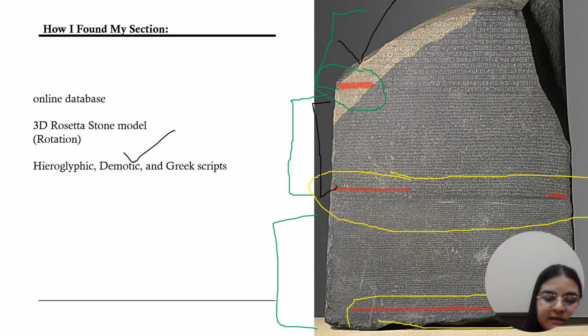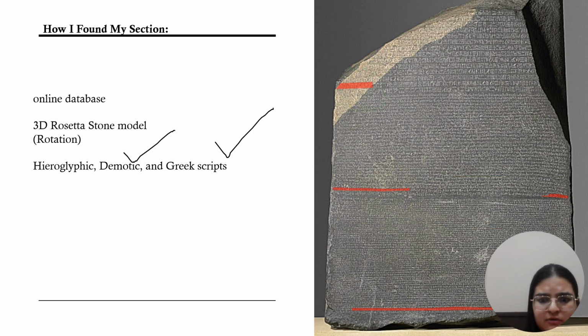I call it a language, but it is known as a script. And the third passage is known as the ancient Greek script. I found it using some online websites, and I found a lot of data by reading a lot of information, and I have added the references at the last slide.